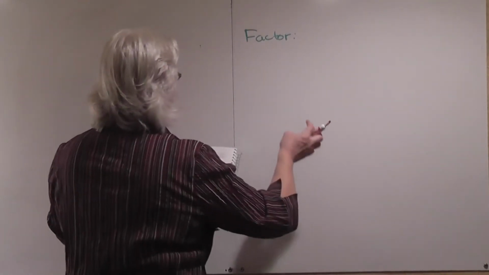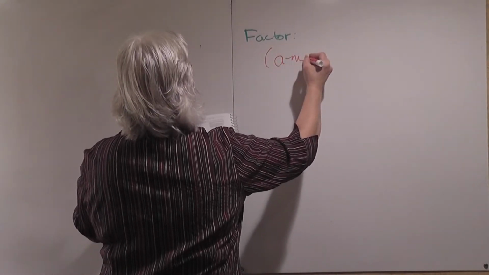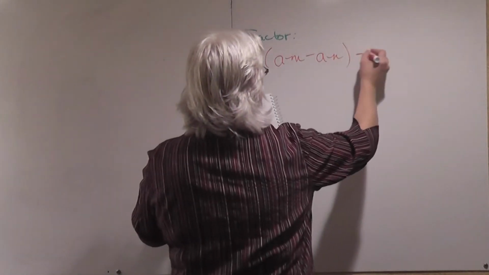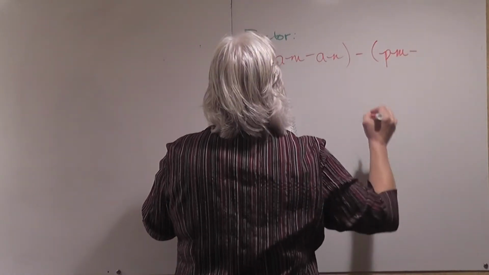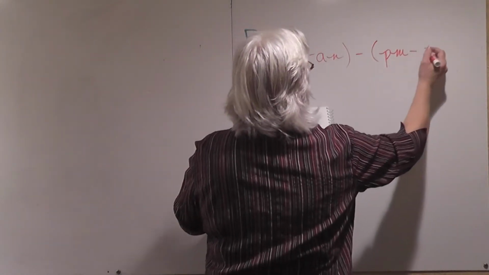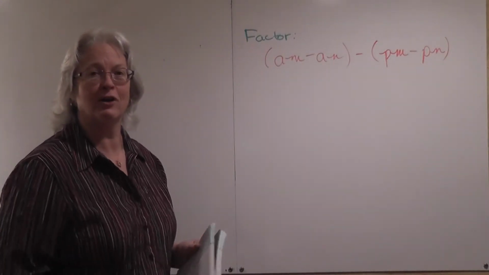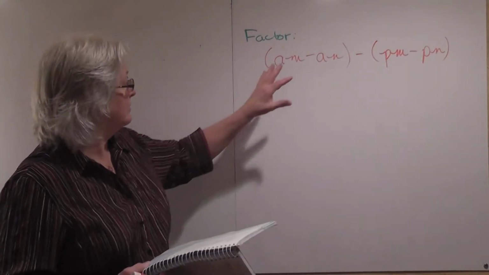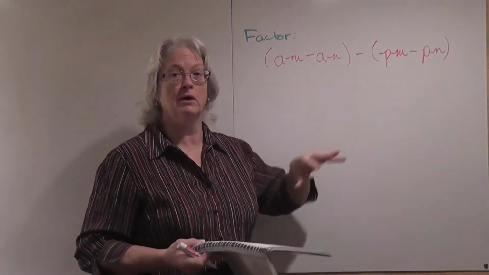We have, factor the quantity am minus an, minus the quantity pm minus pn. See how we really have a whole lot of alphabet soup going on. Check your problem, make sure you've copied it correctly.